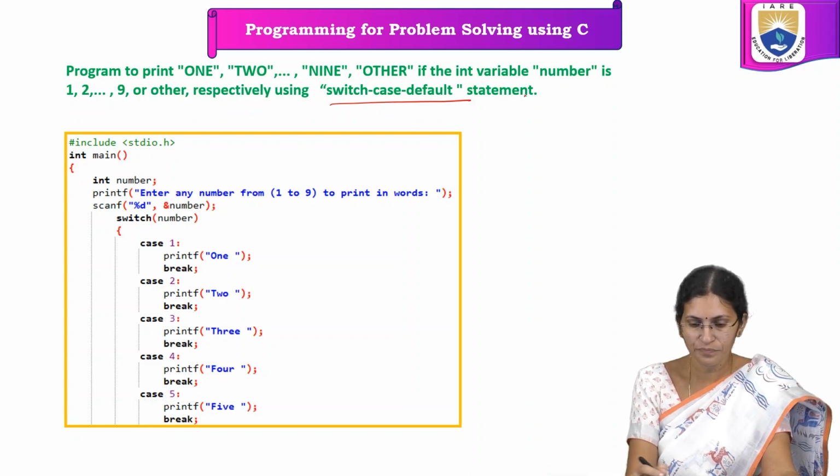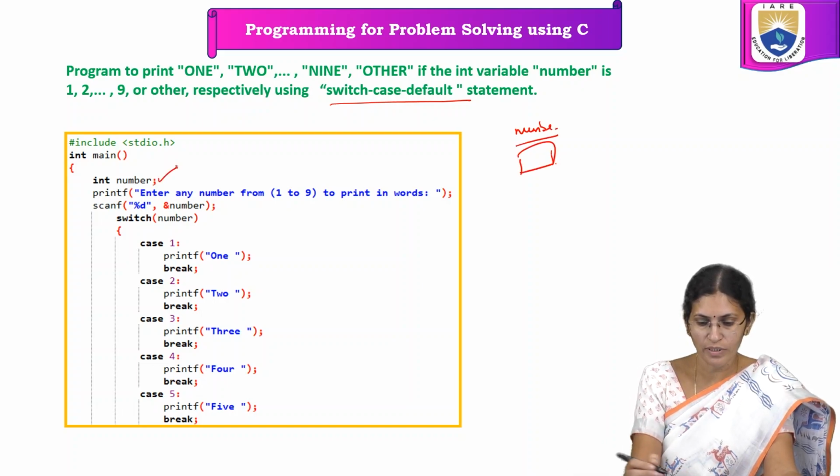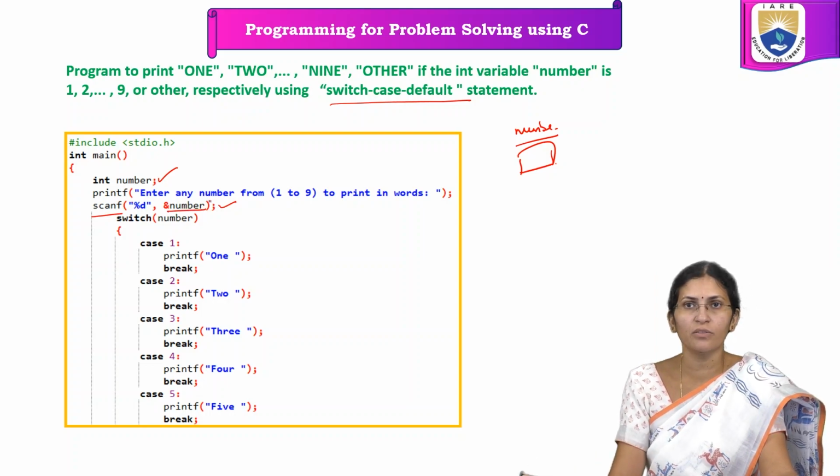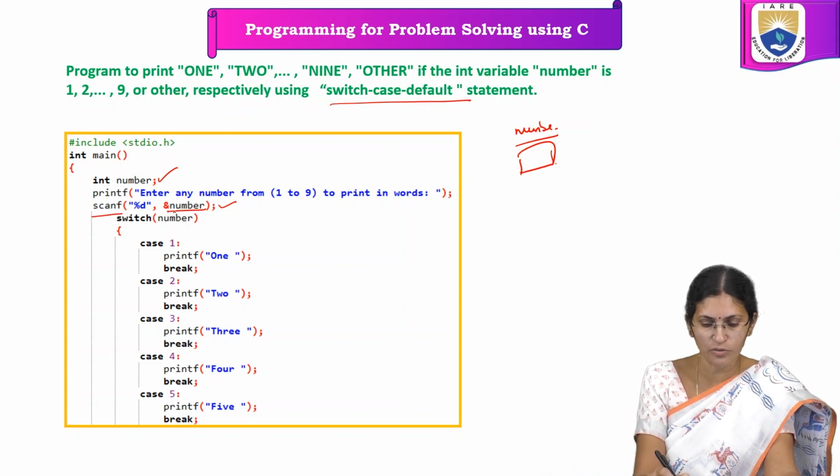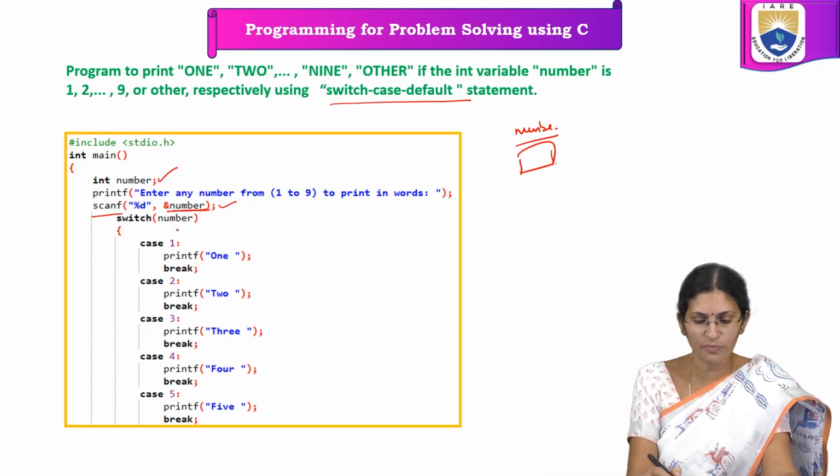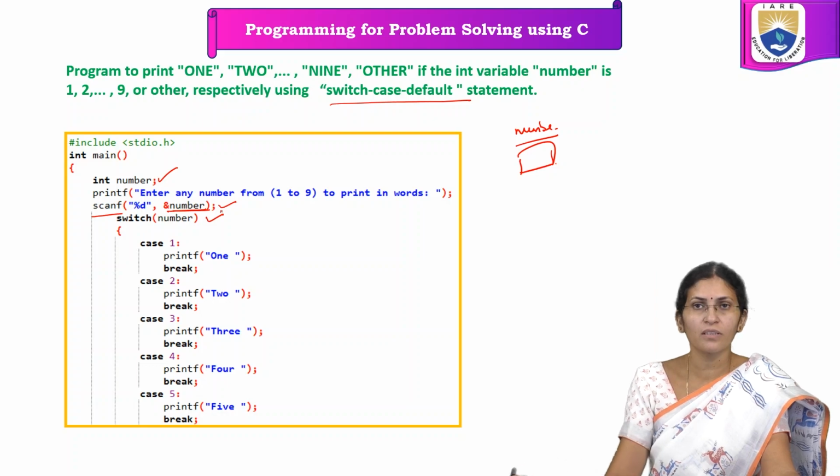So here also we need to declare a variable of type integer which stores an integer value. That is the variable number. After that we need to scan by using the scanf function, so the value of the number is read into the variable number at the address specified by the number variable. Next, switch.